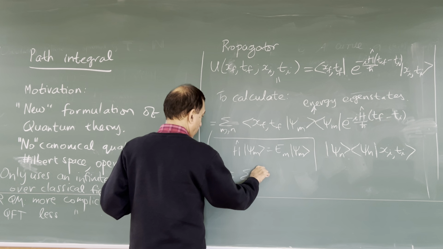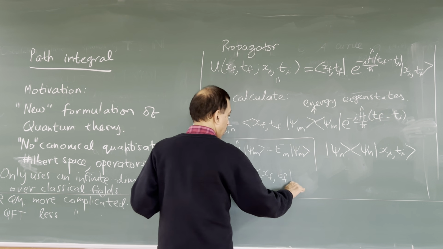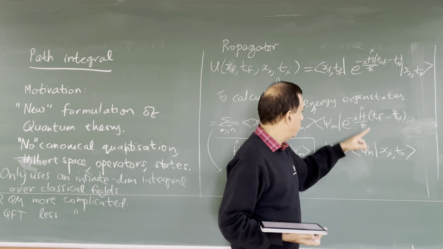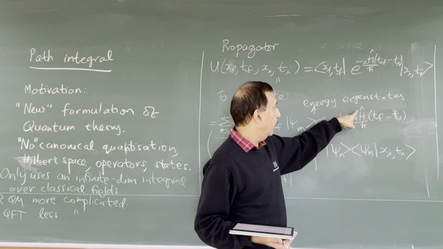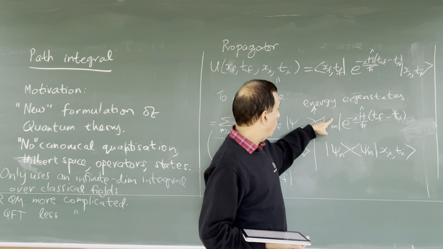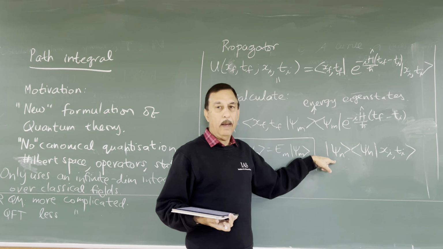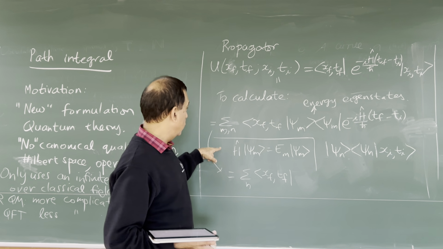summation xf tf. So what will happen? H will act on psi n and give me En times psi n. Now the overlap psi m psi n, if everybody is correctly normalized, is delta mn. So one of these sums will go away.